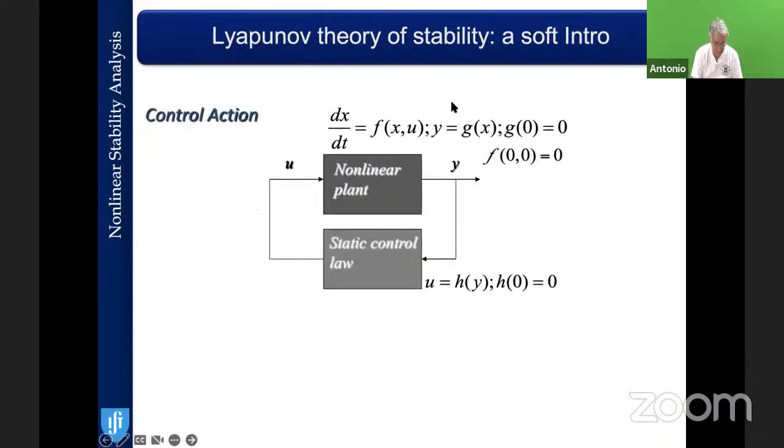Okay, so I have a nonlinear plant that could be a ship. I'm trying to control something about zero, for example, the heading. This is described by a nonlinear equation. The input could be the rudder action. And then what you observe is actually the heading angle. Okay.